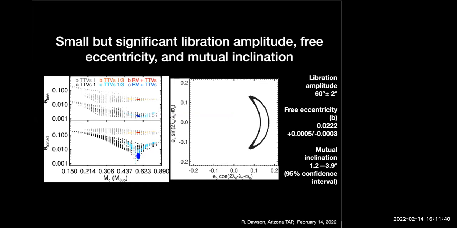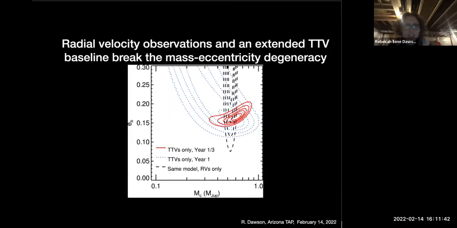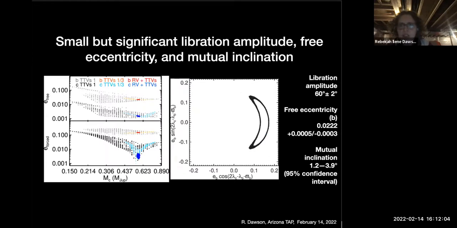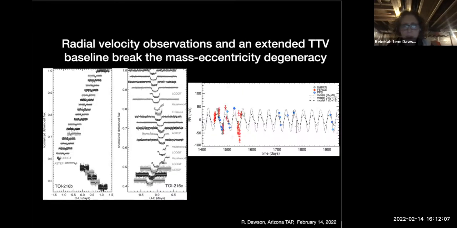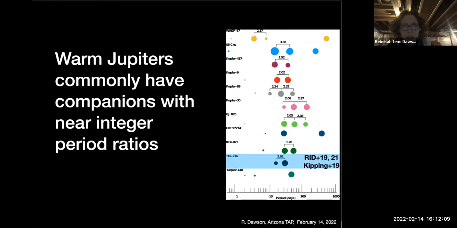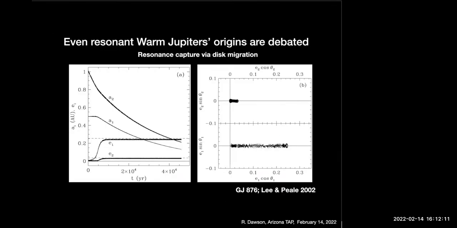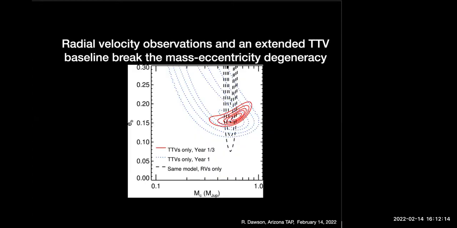The reason I'm doing that in a weird way is because that's where the degeneracy was, between the eccentricity of B and the mass of C. But I'm not plotting the mass of B since that didn't have that degeneracy, but it is significantly smaller. So it's an outer... I'm doubting myself if I remember which one's outer and which one's inner. Let me go back to my picture of them. Well, the resonant angle you're plotting would suggest that B is the inner one.